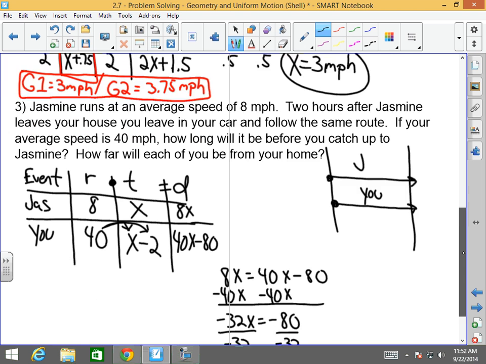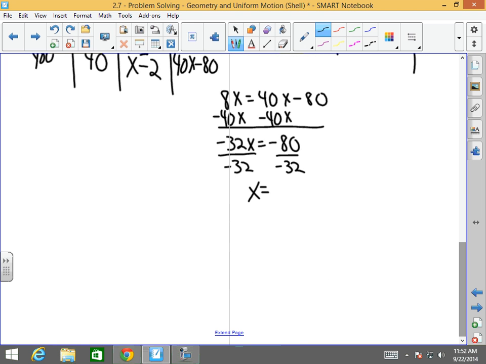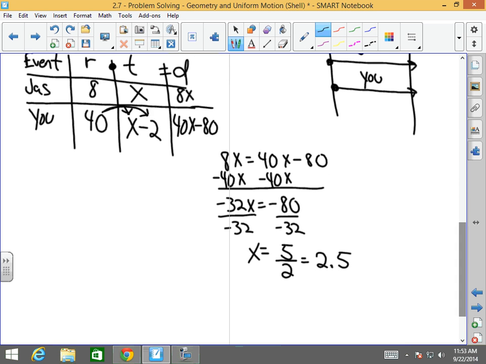Oh, sorry about that. x will equal here. You can divide both by 8. Actually, you can divide both by 16. So you have 5 halves, which is 2.5. And again, we're looking for time. So that's 2.5 hours.